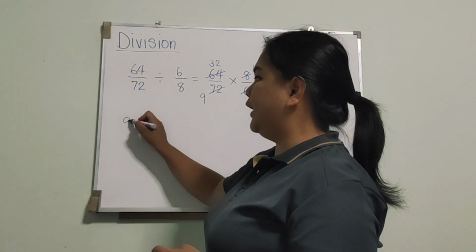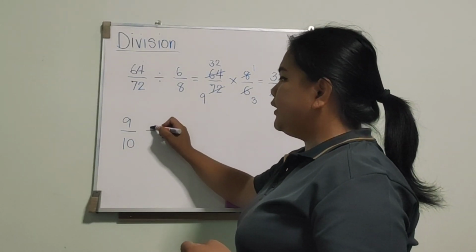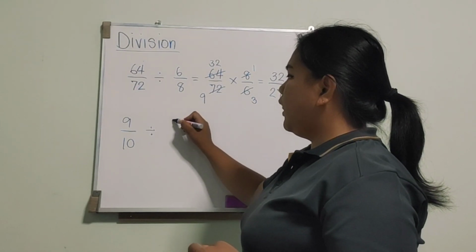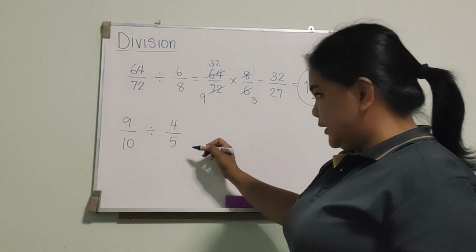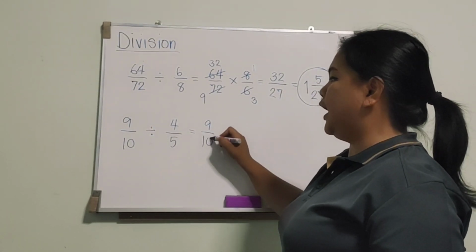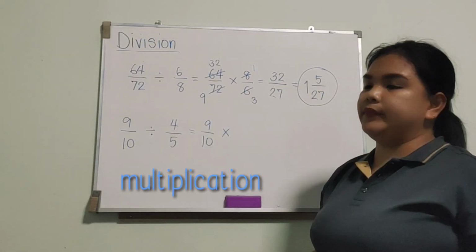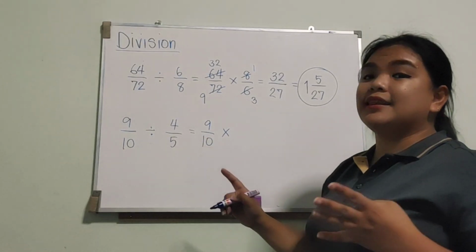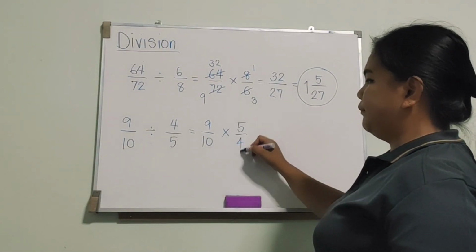Again, 9/10 divided by 4/5. The same process. Copy the first number, which is 9/10. Change the sign into multiply and get the reciprocal of the second number, which will be 5/4.